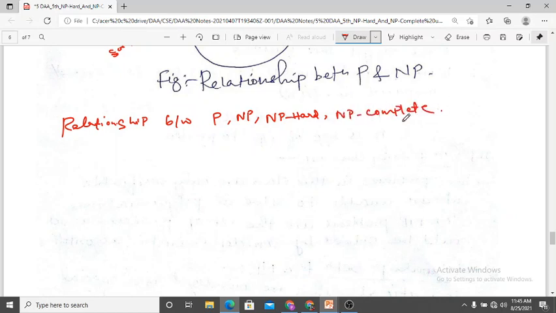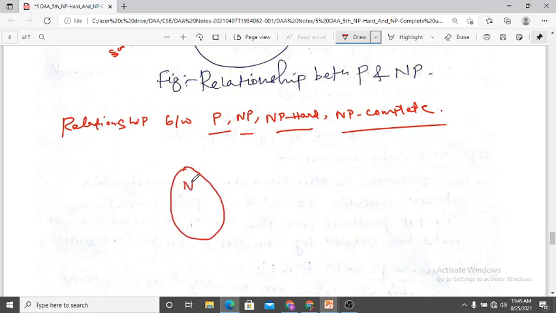Let's see the relationship between P, NP, NP hard and NP complete. The first one is the relationship we have done on the top, the same thing we need to do here.